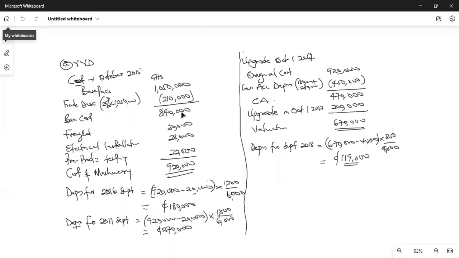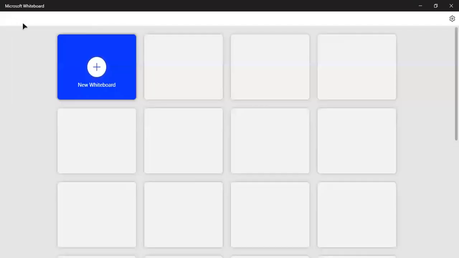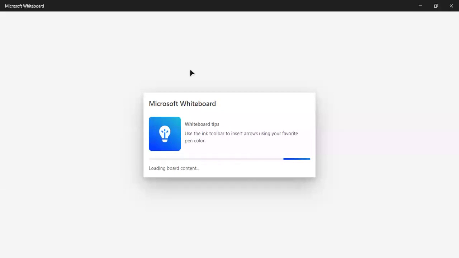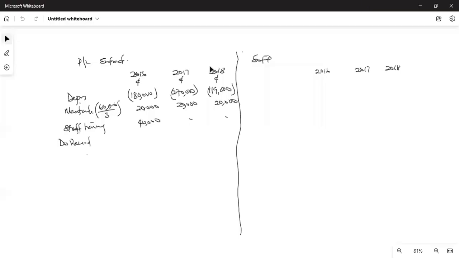So this is what we are having here, 840. Then we now need to go back and apply the percentage. And our discount received has to be 5% multiplied by the 840,000, which is a P&L item.